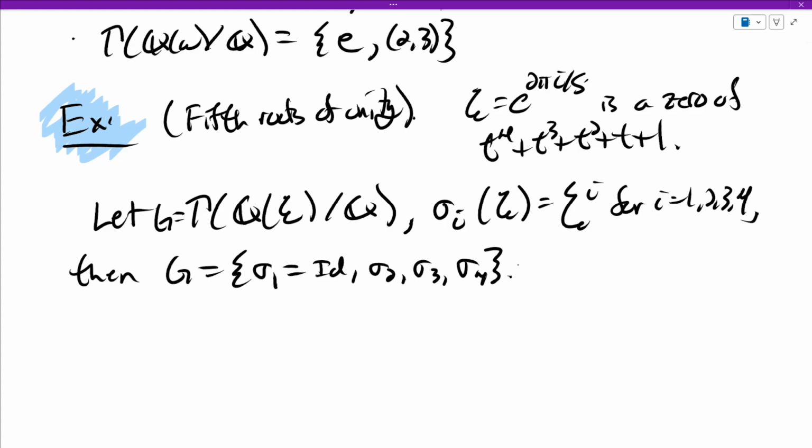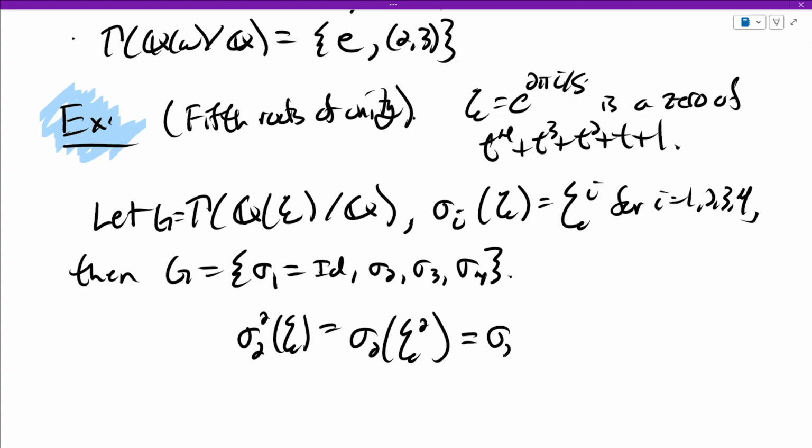Let's just notice something real quick here. Let's do sigma 2 twice. We do it once: zeta is going to go to zeta squared. Then sigma 2 is going to send zeta squared to wherever it sends zeta squared.